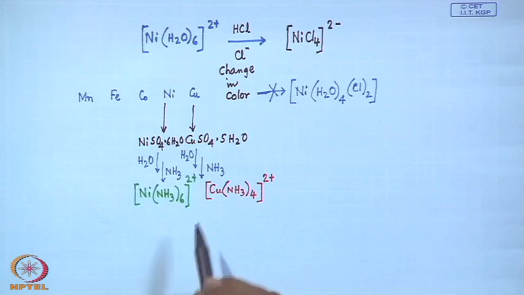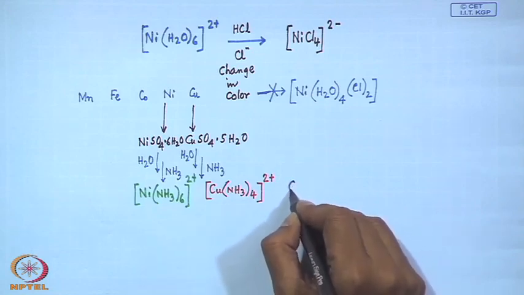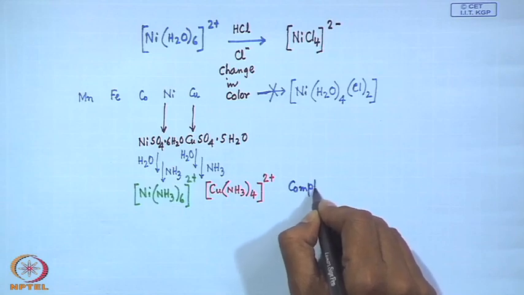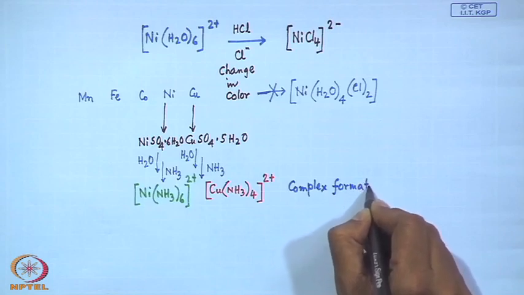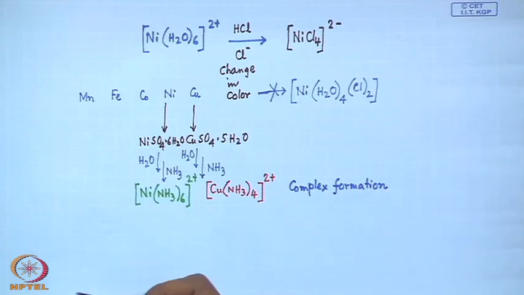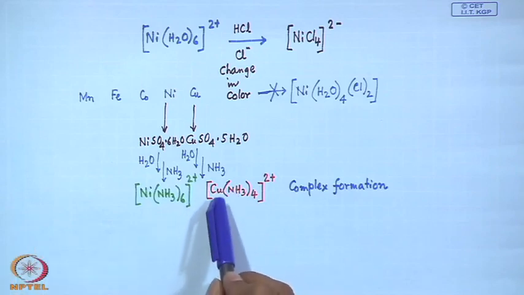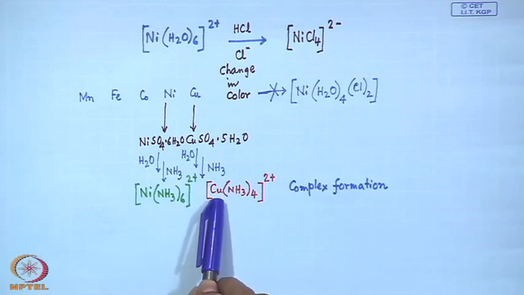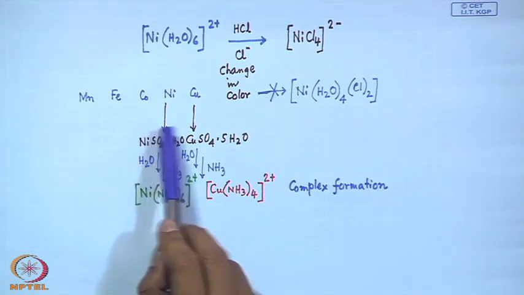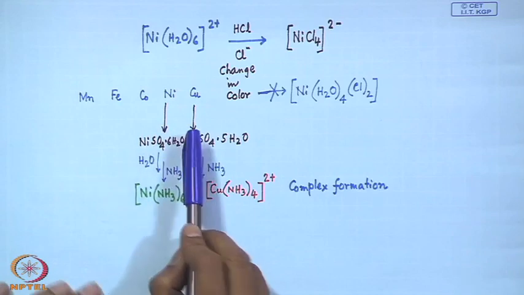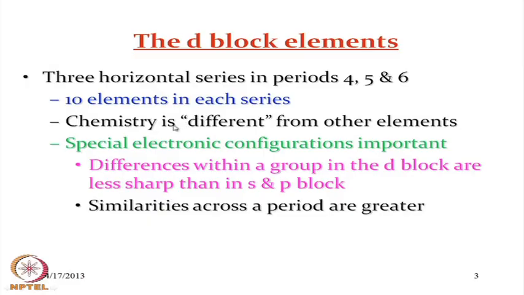So, the complex formation abilities are different. Depending upon the nature of the metal ion, the copper is behaving differently from nickel, though they are two adjacent transition metal ions. So, their chemistry is different, and in terms of complexation reactions, they form different complexes related to the metal ion.